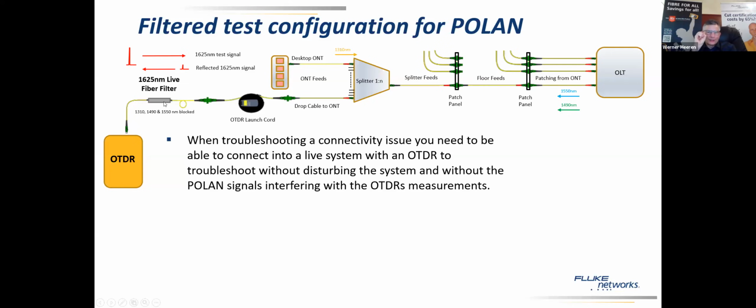So you inject 1625 light, and you measure reflections on the 1625. All the other reflections from 1310, 1550 will be blocked before they reach your OTDR. And in that way, you can do nice upstream testing, because then it will be only one fiber.